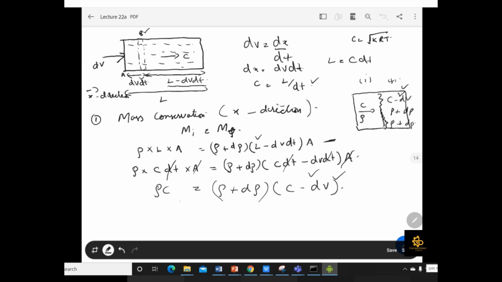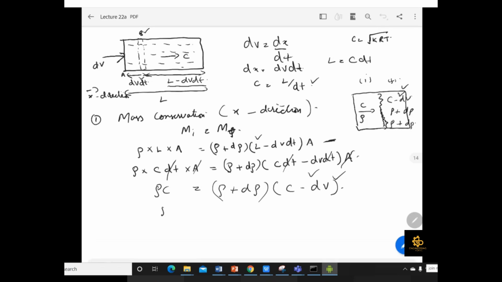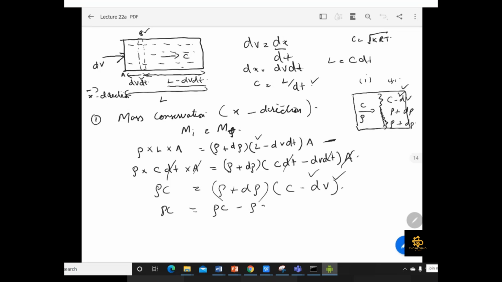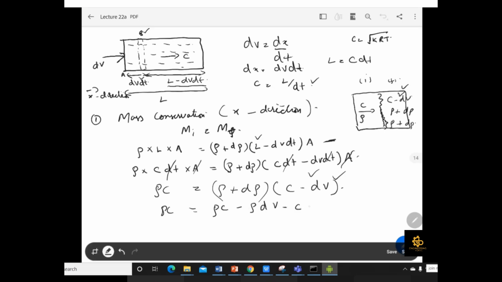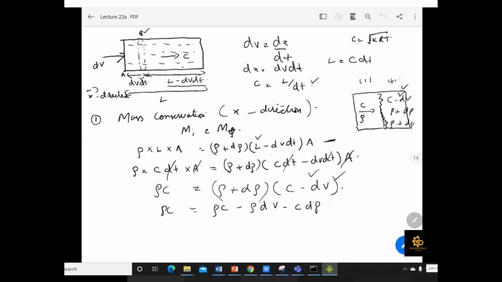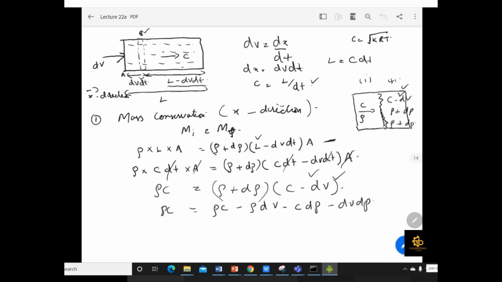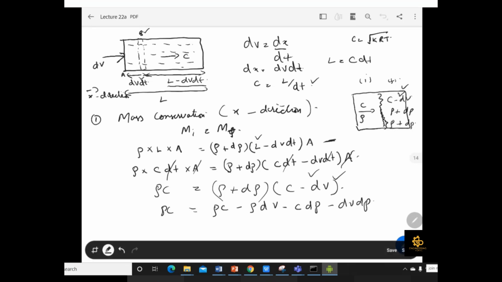Now if I further solve it, it turns out to be rho c is equal to rho c minus rho into dv plus c into d rho, minus dv d rho. Okay, so this is our equation.